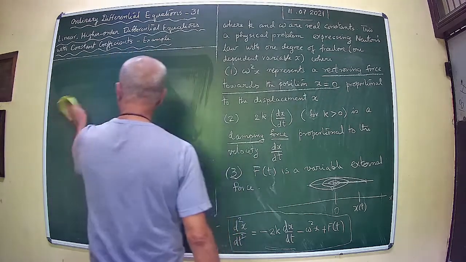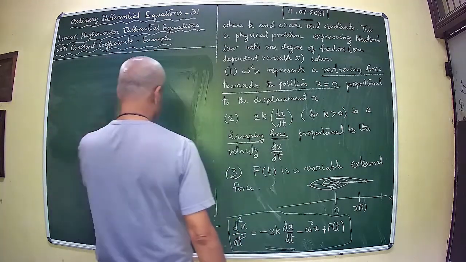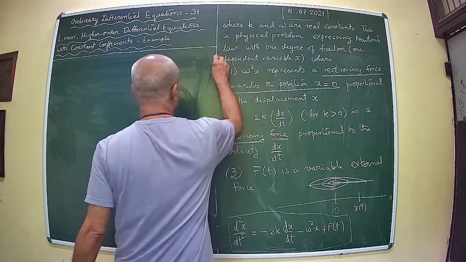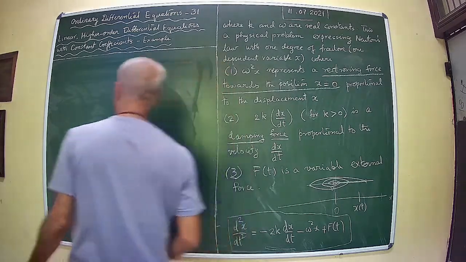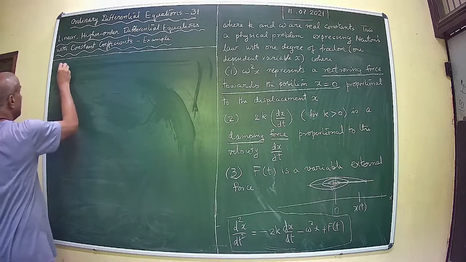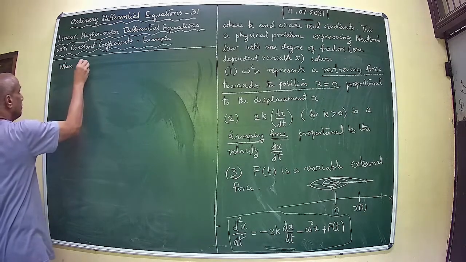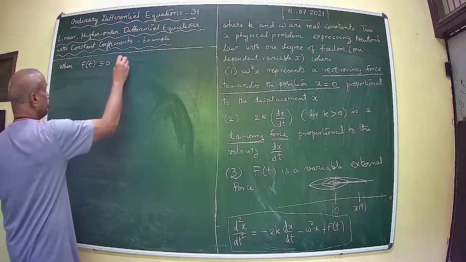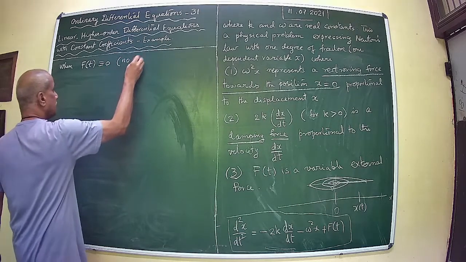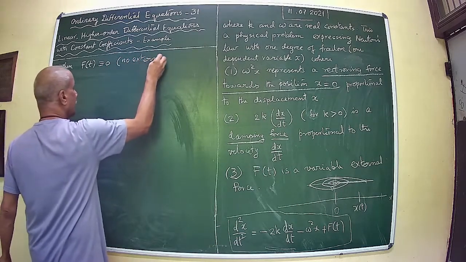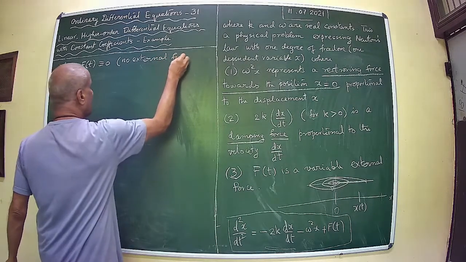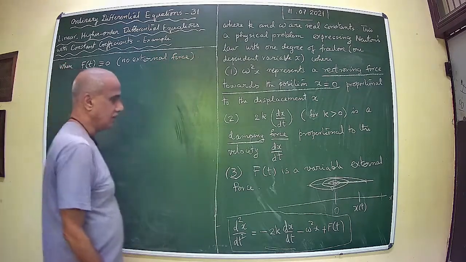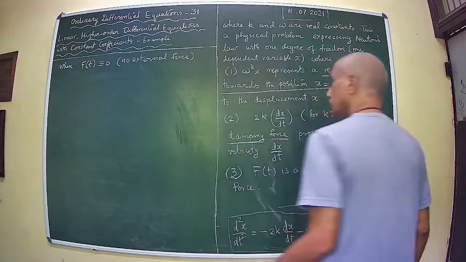So let us start working with F(t) equal to 0. That is the homogeneous problem, that is, no external force, or 0 external force.